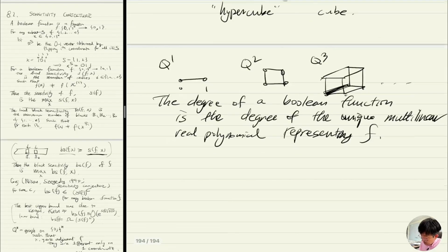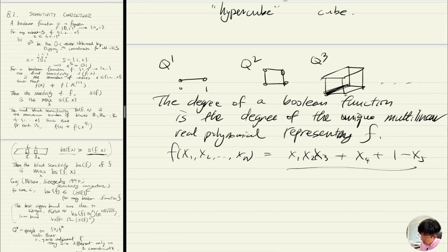What I mean is, for instance, f of x1, x2, ..., xn could be like x1 x2 x3 plus x4 plus 1 minus x5, etc. You can write any Boolean function as a multilinear polynomial.